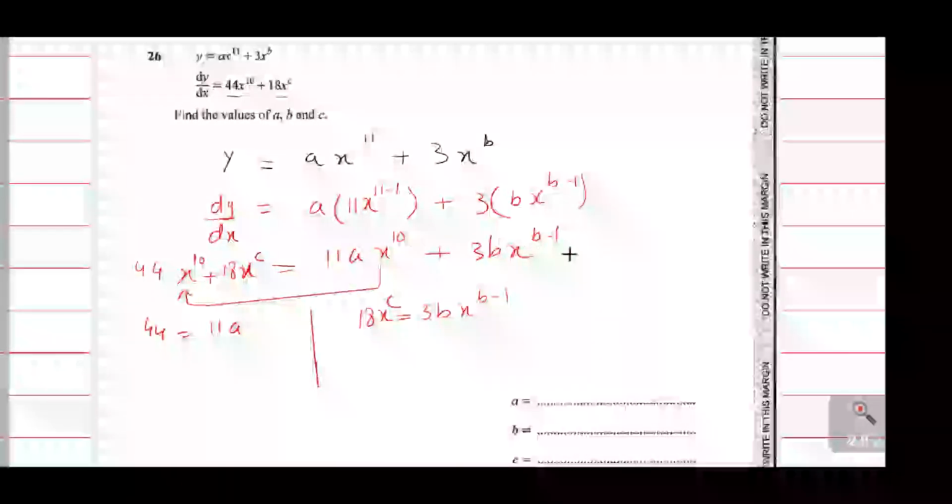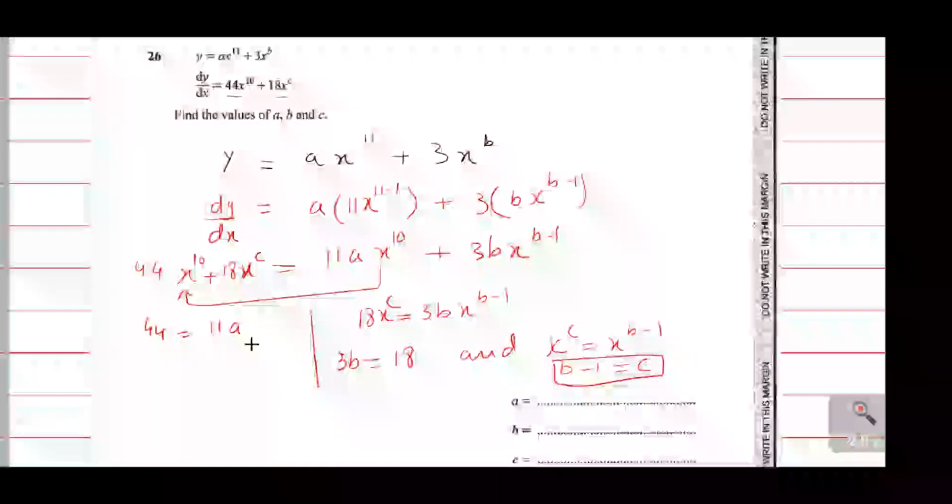We compare the second value. We can write 3b equal to 18 and x^c equal to x^(b minus 1). Both values have the same base, therefore we can write b minus 1 equal to c.